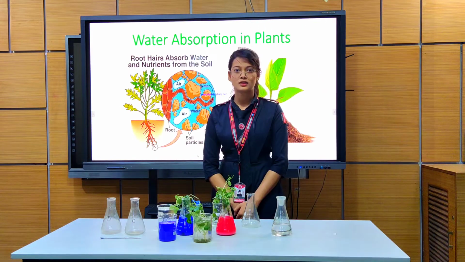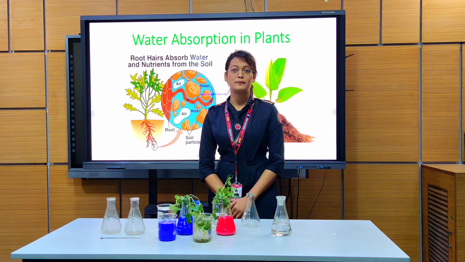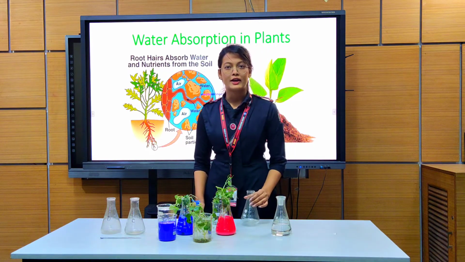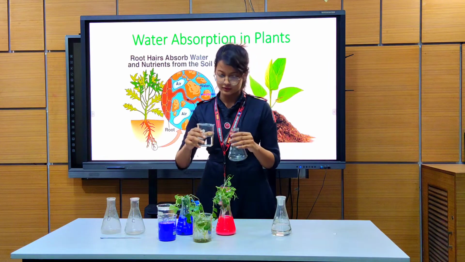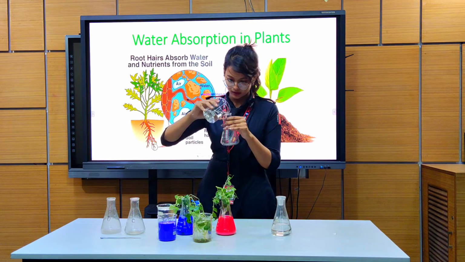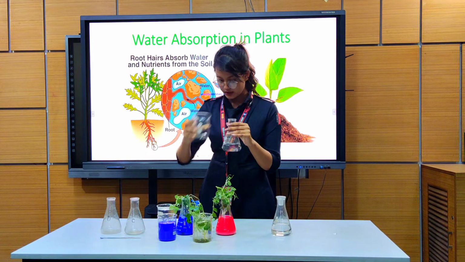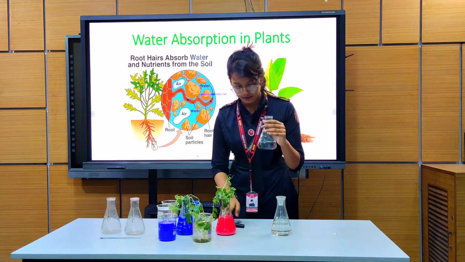Assalamualaikum, my name is Abinta Shondhi and I'm going to do part B. First of all, we have to take a conical flask. Then we have to put 3/4 part of water in this flask. Then I'm marking the water level.